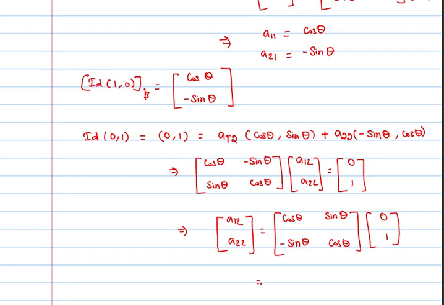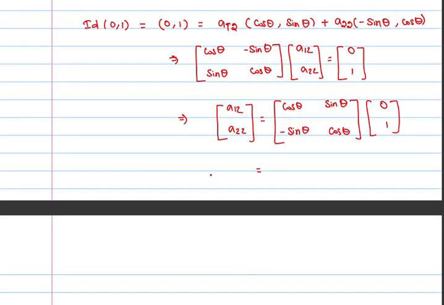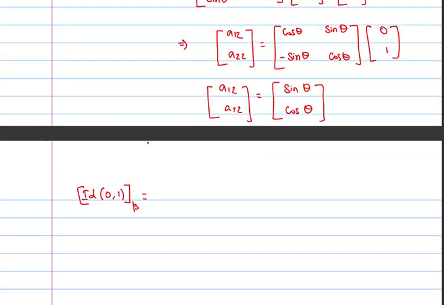We will get A12, A22 as sin theta, cos theta. So ID alpha of 0, 1 in terms of beta equals sin theta, cos theta.